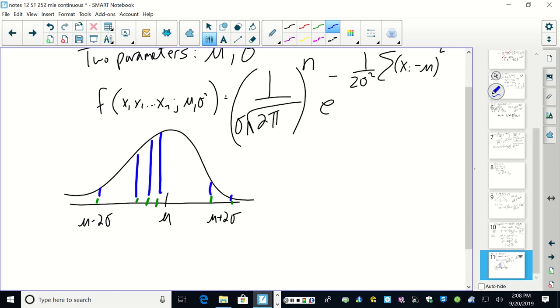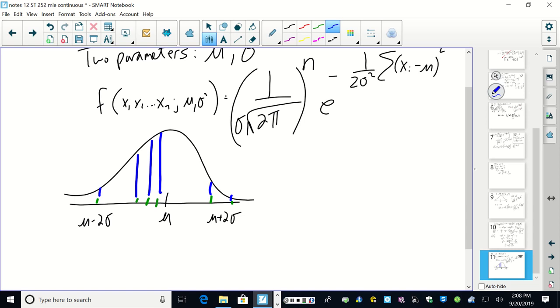And you multiply all those together, or add together their logs. And you want to choose the mean and the spread. You can spread it wider or narrower, and you can shift it so that those points are as high as possible when all multiplied together. So you don't want any of them to be too small if you can avoid it, and you want a bunch of them as tall as they can be. And so maximum likelihood tries to center over the data in response to the data.